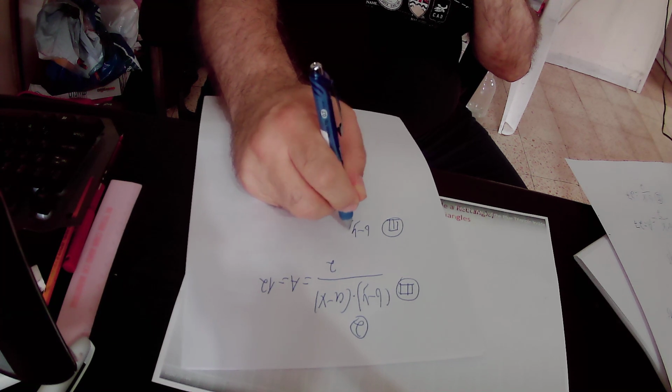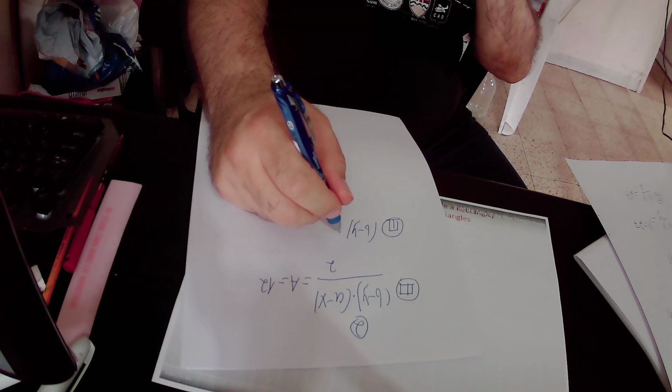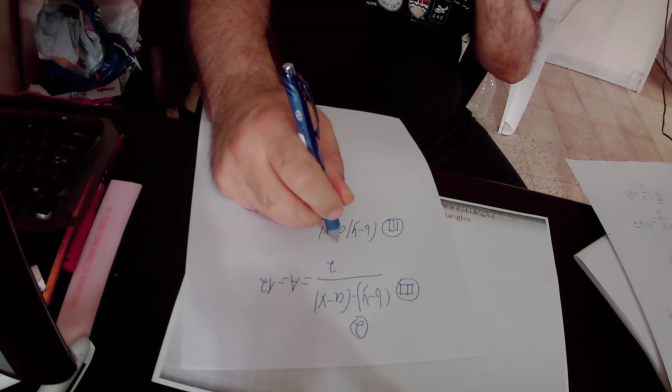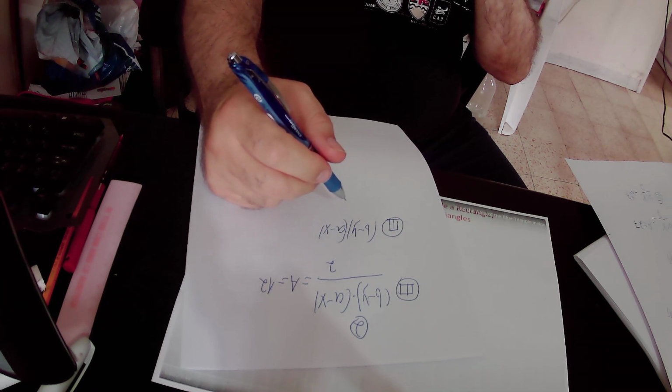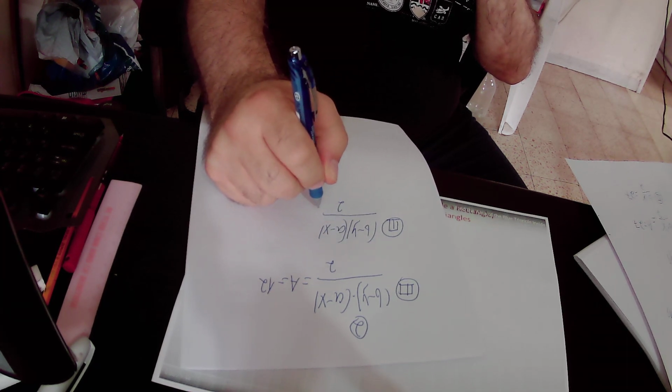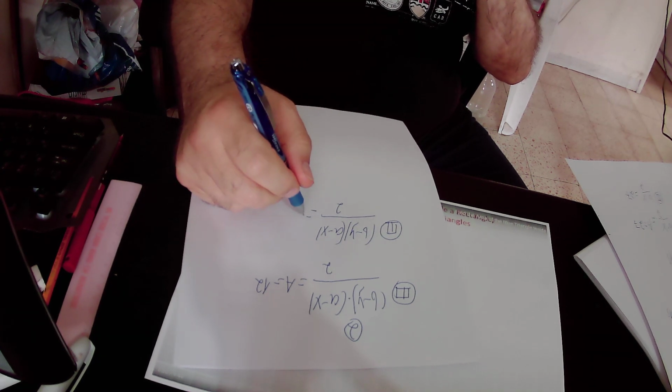b minus y times a minus x divided by 2 equals 12.